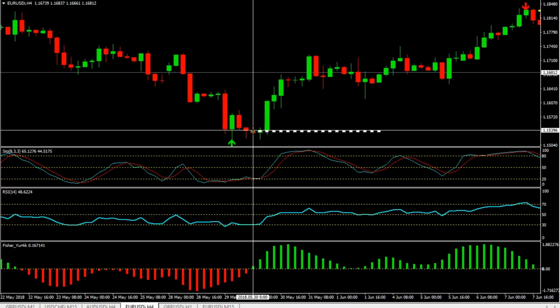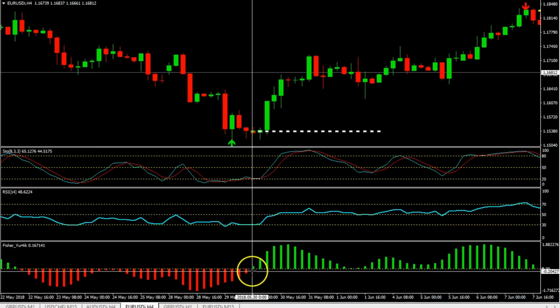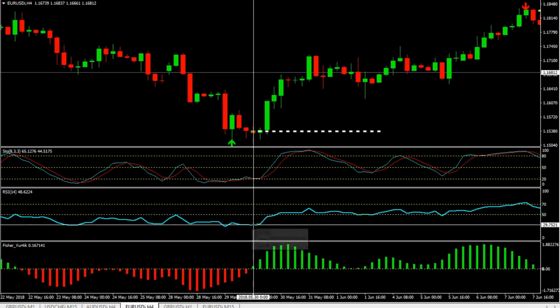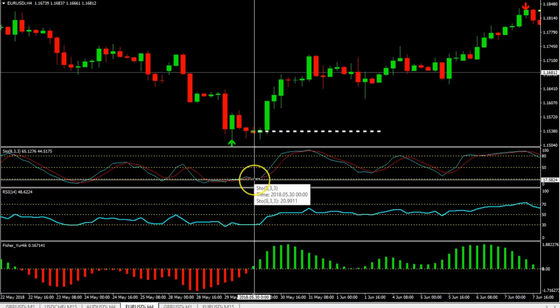Okay, and you're getting the fissures also turned into green, but the RSI is not even pointing up, but it is above the 30 level, and this is also flat. Stochastic is also flat. So we wait.